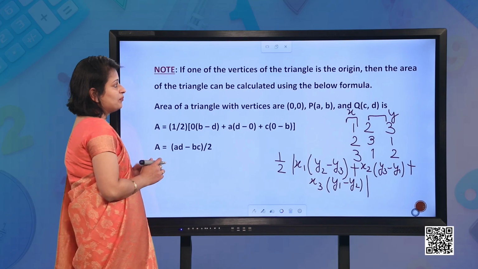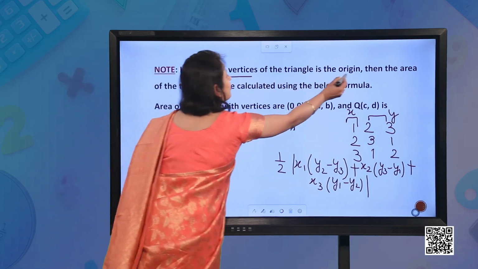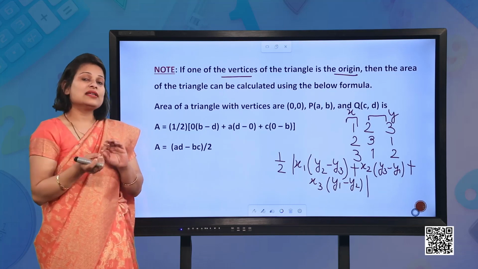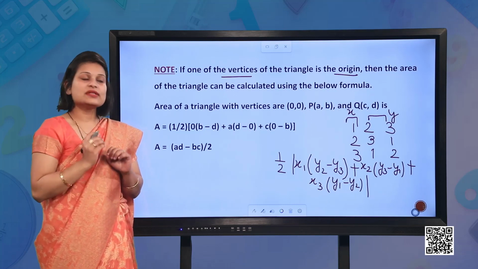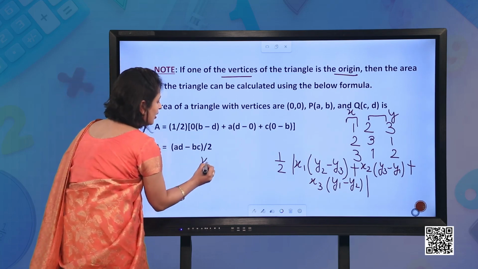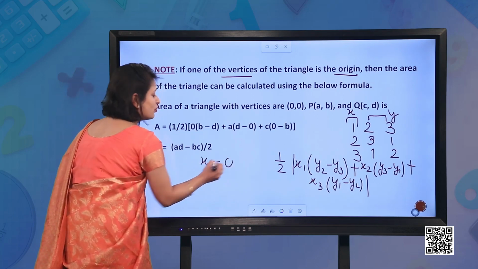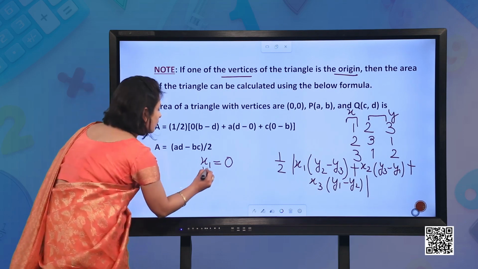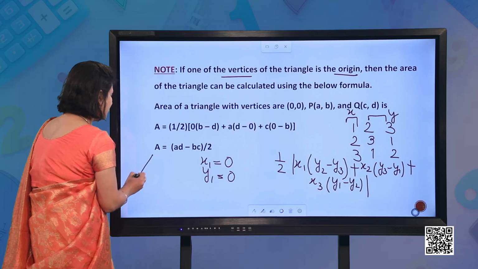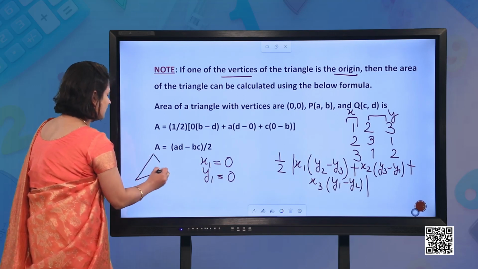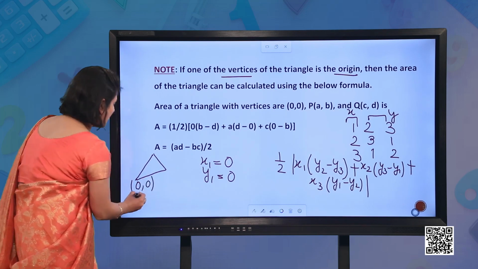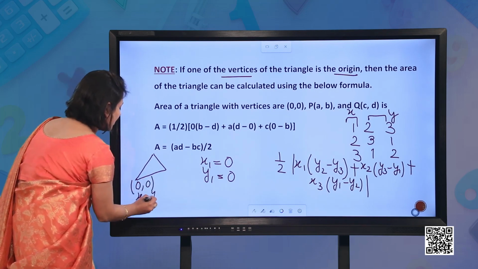Now what will happen if one of the vertices of triangle becomes 0, means it is at origin, means 0, 0. So in place of x1 simply substitute 0, y1 0, means you are having a triangle whose one vertex is 0, 0. I have considered this as x1, y1.